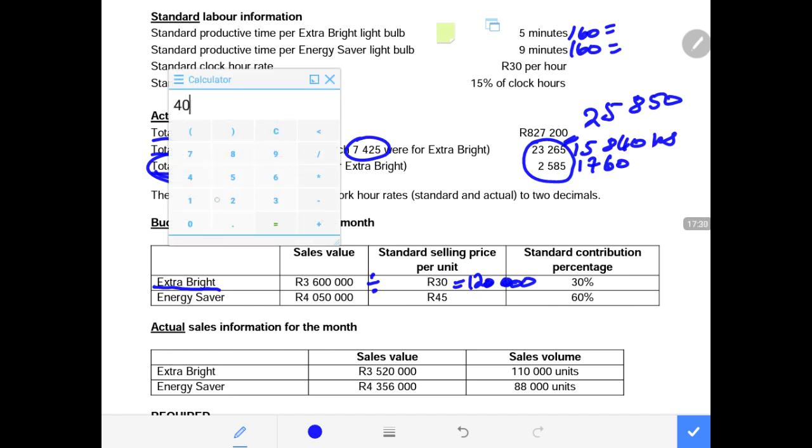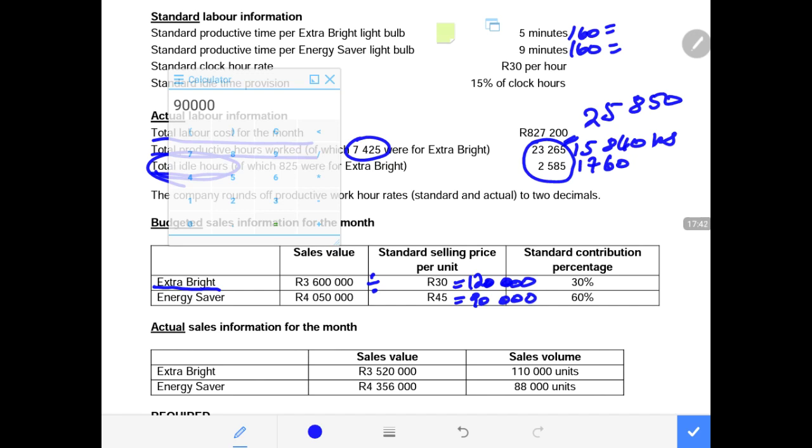Then for the second one it is 4,050,000, and the selling price was 45 rand. If we divide by 45 rand, that will give us a total of 90,000 units that were sold at 45 rand. That ended up to an amount of 4,050,000 rands of sales revenue.